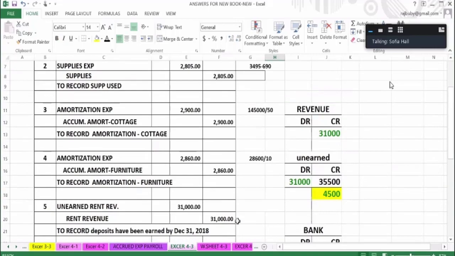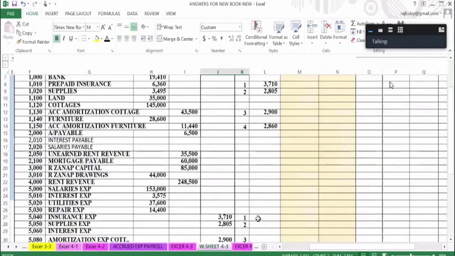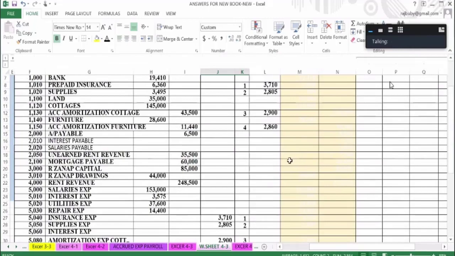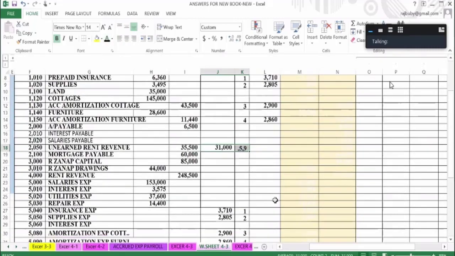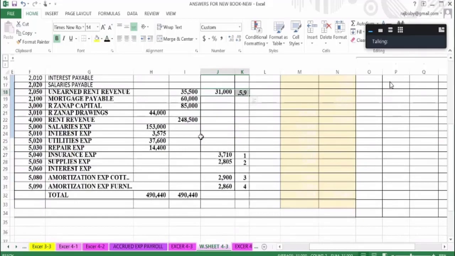And then revenue 31,000. We debit unearned revenue for 4,500. No, 31,000.